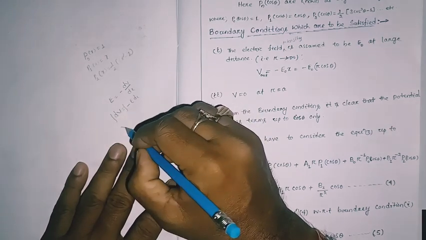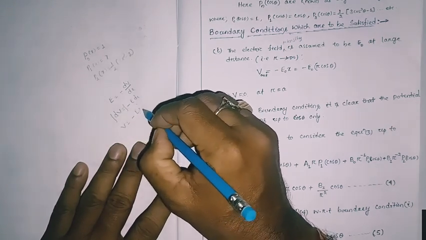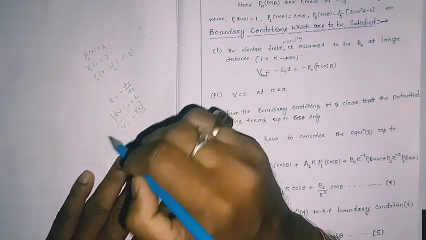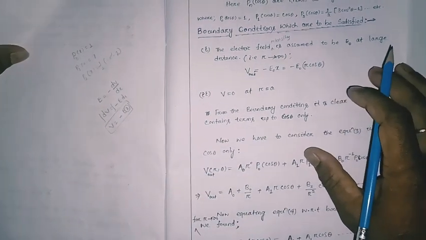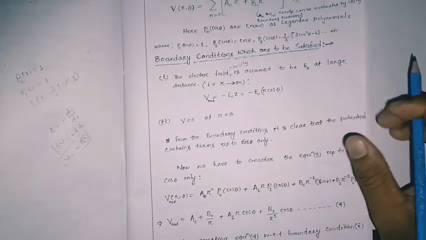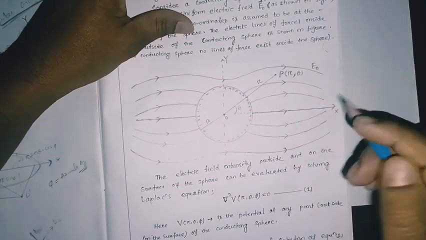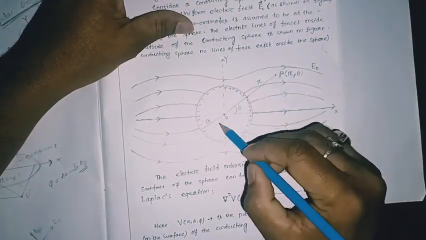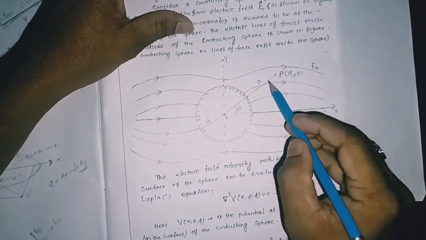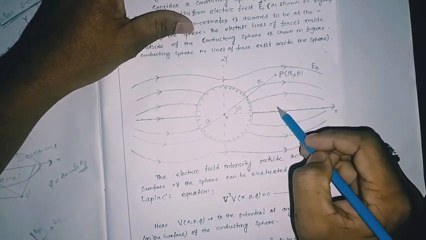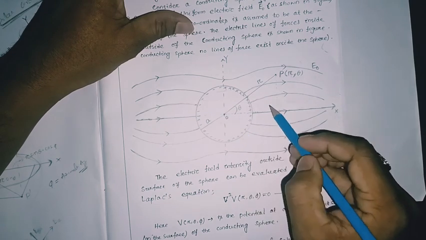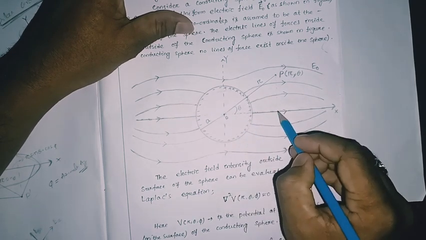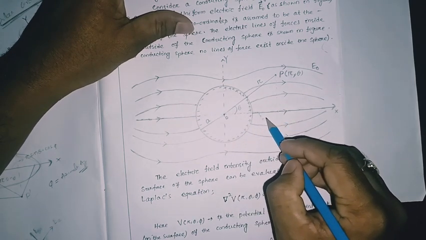If I integrate, then V equals minus E x. Here x represents the x component of the radial distance. Suppose I consider that point P is at a distance r, then its x component is nothing but r cos theta. So from here to here the distance is nothing but r cos theta.